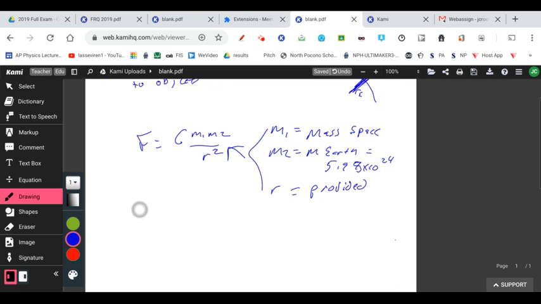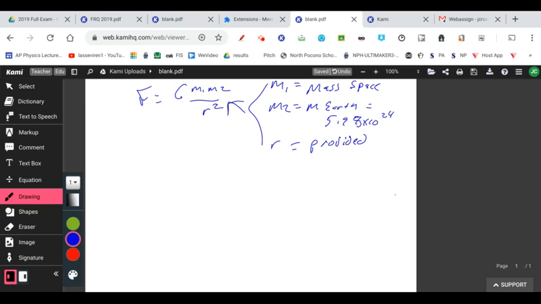So you can plug that information in here and get your answer. For part B of this particular problem, you are trying to find the gravitational potential energy. Since we are dealing with a high altitude situation, not just a low altitude, we need to use the fact that gravity is changing. When we were talking about gravitational potential energy earlier in the year, we said mgh, but we had assumed that g was constant.